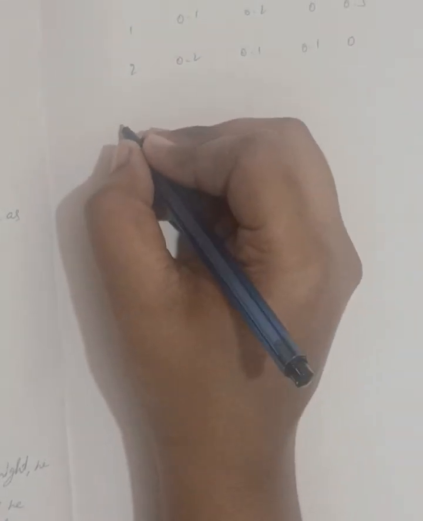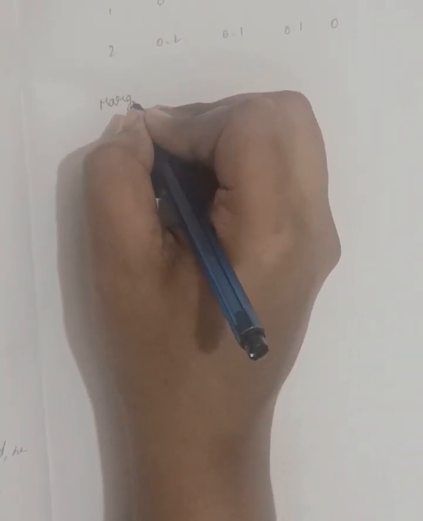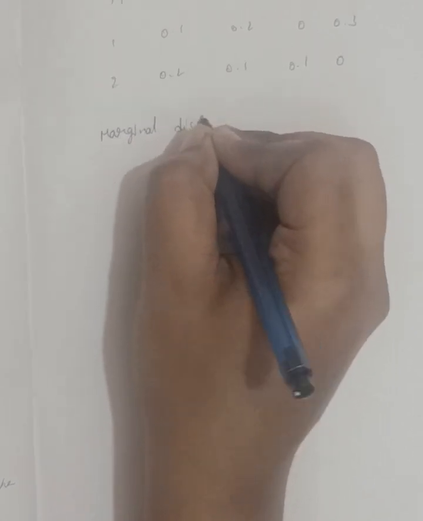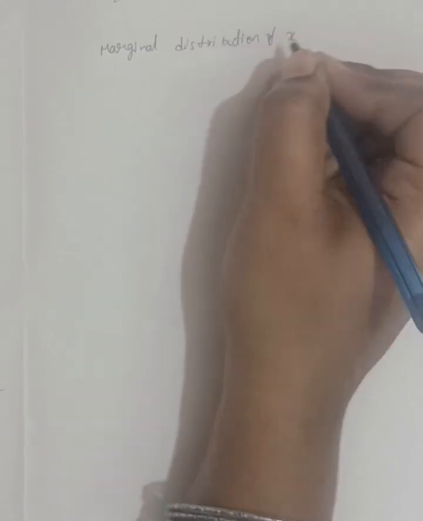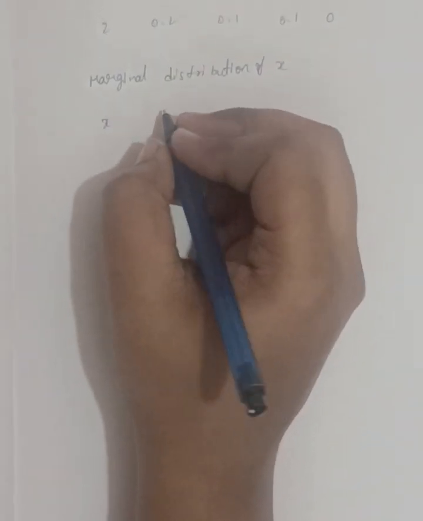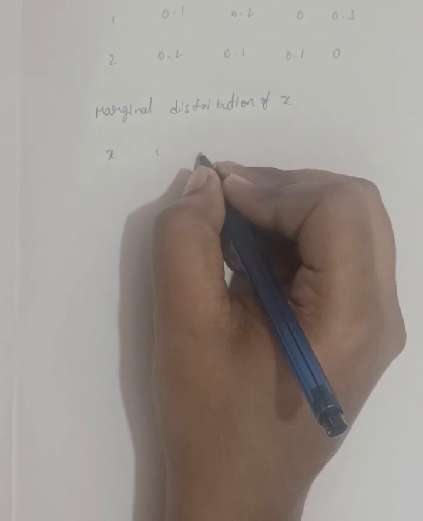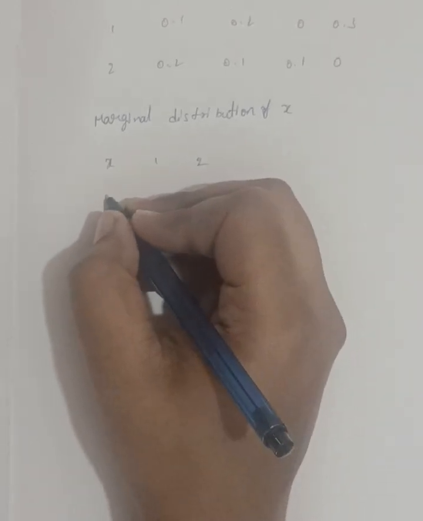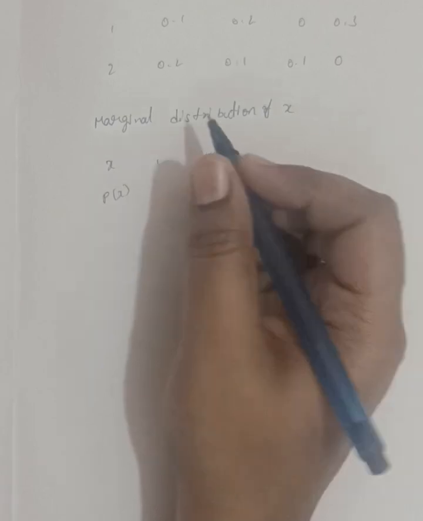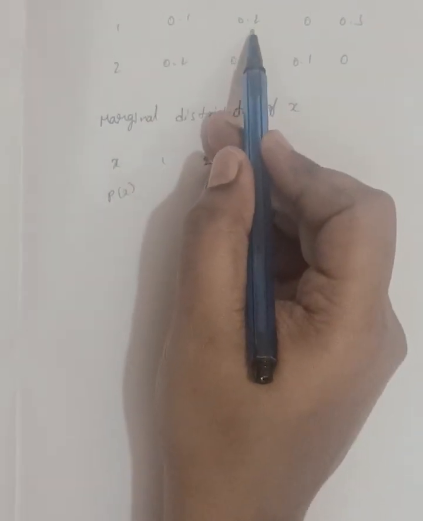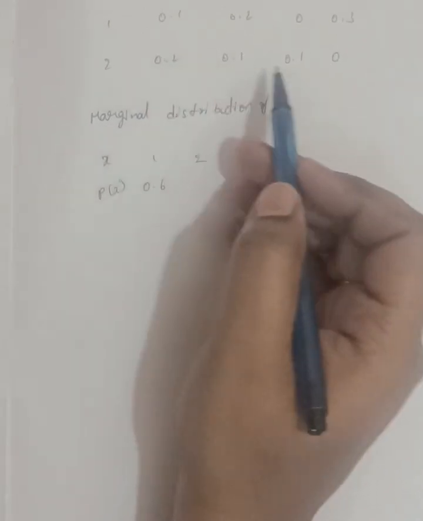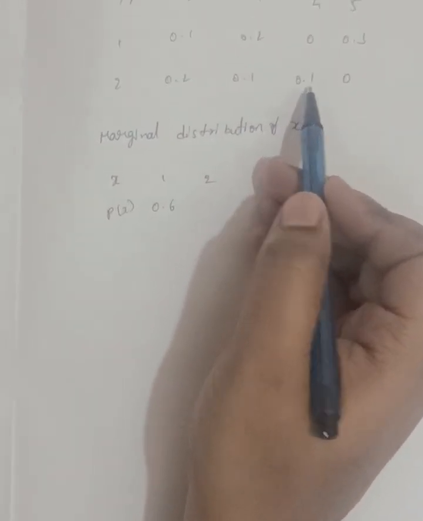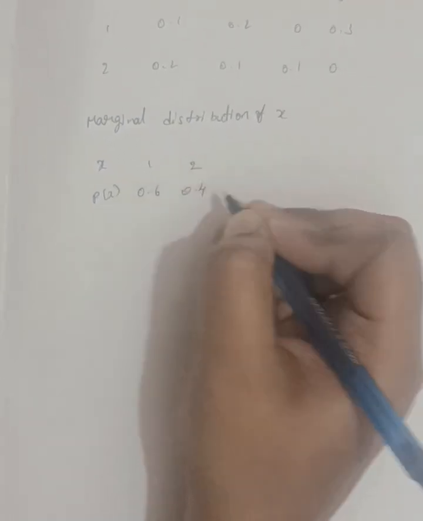For the marginal distribution of X, p of x is 0.1 plus 0.2 plus 0.3, which is 0.6, and 0.2 plus 0.1 plus 0.1, which is 0.4.